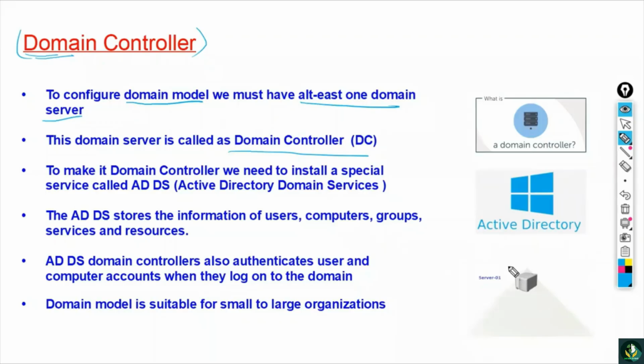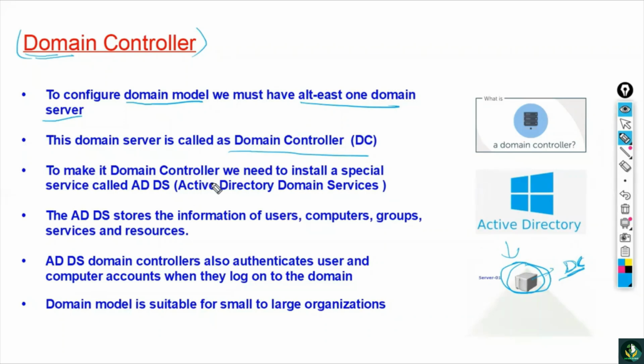Here in this example, you can see we have installed one server, and this server will control your logical network. This server is called a domain controller. This is the physical server. Domain controllers are physical servers.